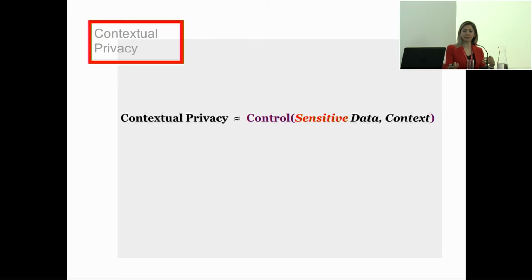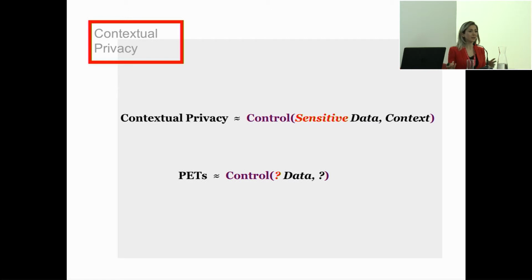But since the beginning of privacy research in computer sciences, the importance of protecting sensitive data was also realized. And of course, we try to develop privacy-enhancing technologies to facilitate controlling sensitive data and context.